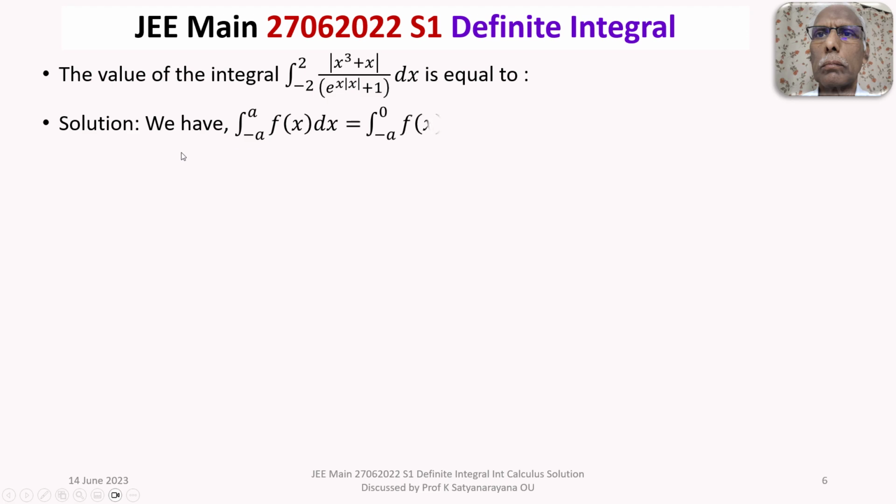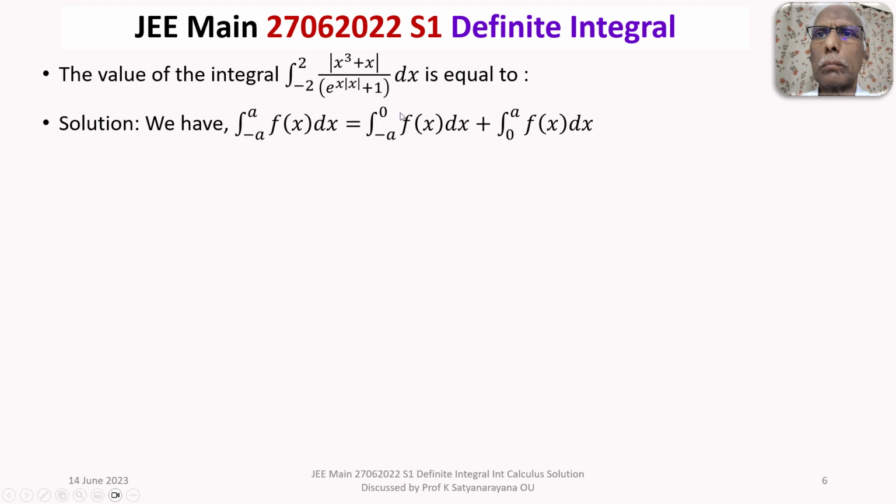We now discuss the solution of the problem in detail, and we have integral minus a to plus a f of x dx. We break this integral into integral minus a to 0 f of x dx plus integral 0 to a f of x dx.